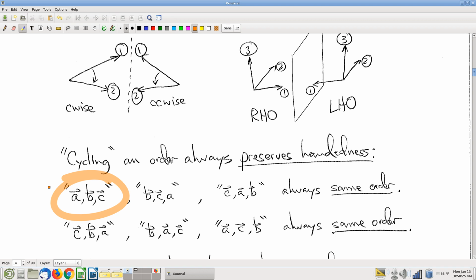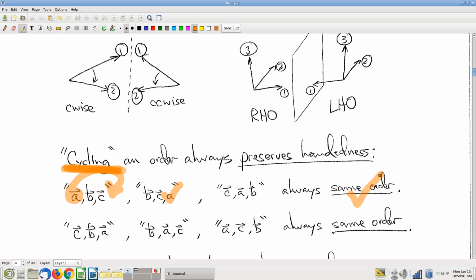But even though I don't know whether ABC is right or left-hand order, I do know that if I take that A and move it over to the other side, thus cycling the order, the handedness is the same. This is pretty weird. But ABC and BCA always have the same handedness. They're either both right hand or both left hand. I don't know which.